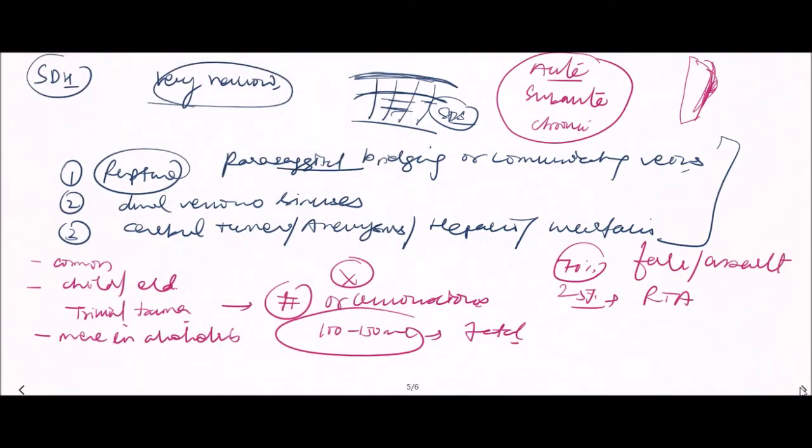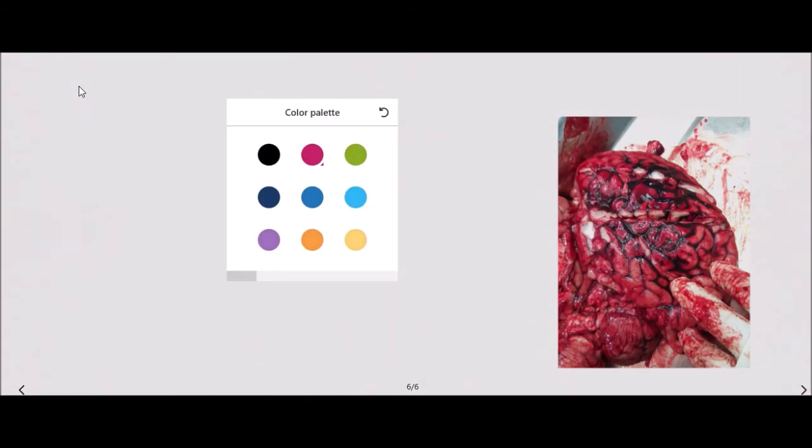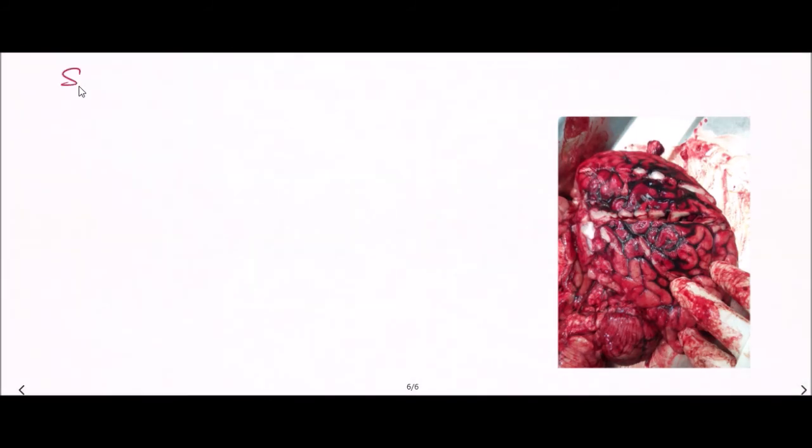So how to differentiate the SDH from SAH, subarachnoid hemorrhage? First we'll discuss SAH, then we'll discuss how to differentiate between SAH and SDH. So now the third type of hemorrhage is known as subarachnoid hemorrhage.